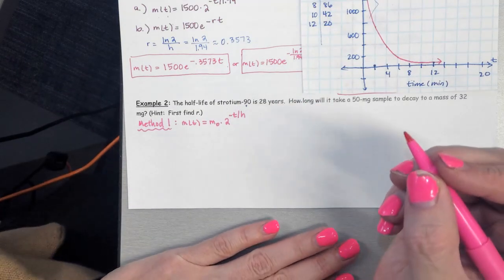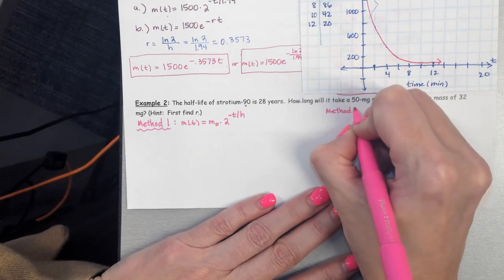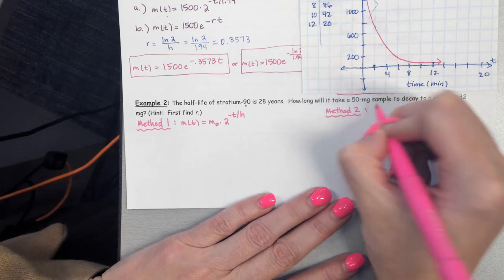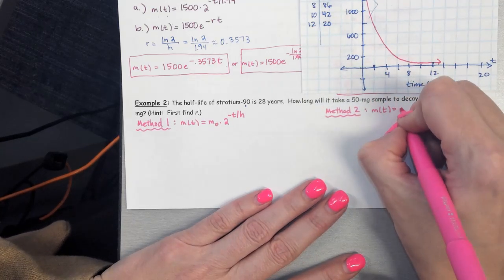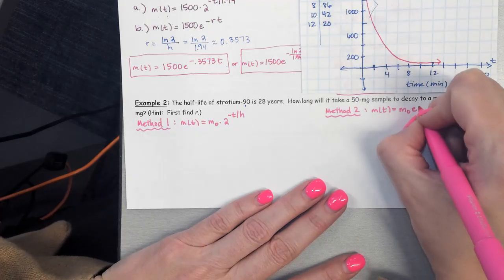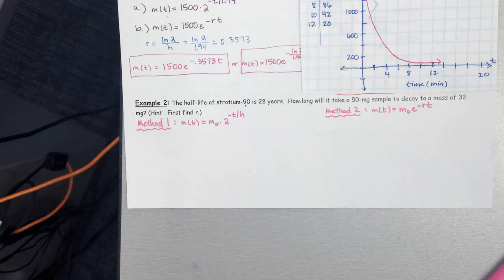Okay, and then in method 2, you are going to use the PERT equation to solve. Okay, so I'm going to give you some time right now to do that. And then you can just pass your stapler around.